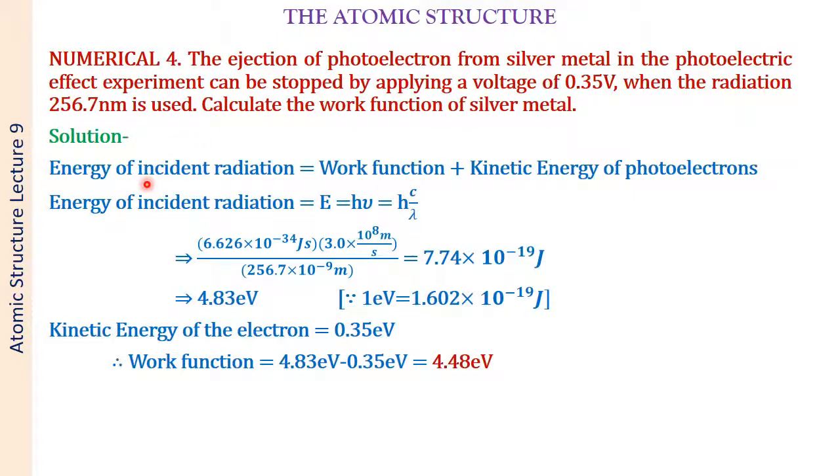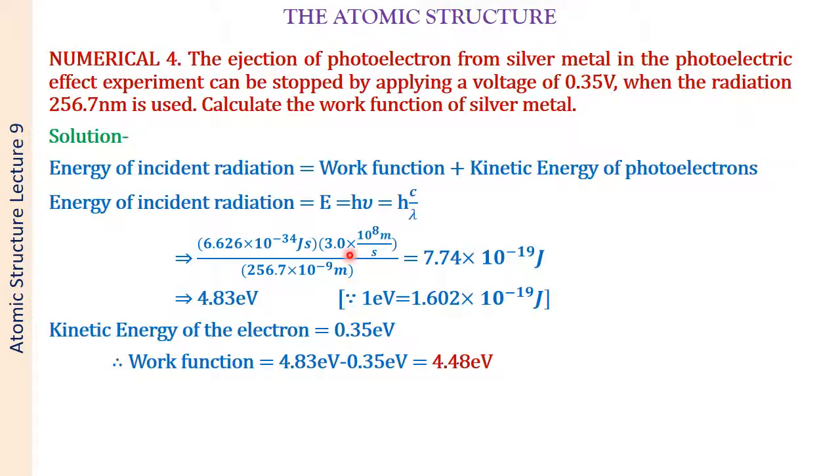So we know that the energy of the incident radiation is equal to work function plus the kinetic energy of the photoelectrons. And the energy of the incident radiation, you are now perfect in that, I think, that E is equal to h nu, where nu is c by lambda, so we have hc by lambda.